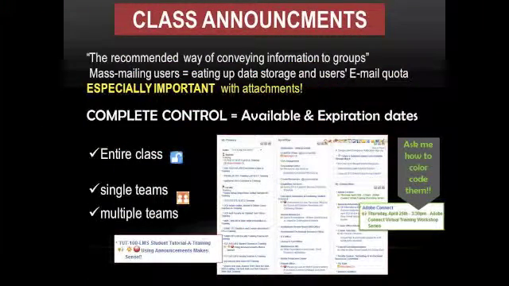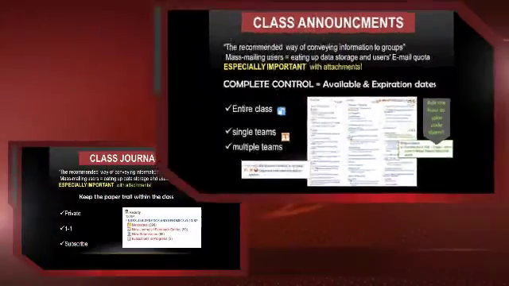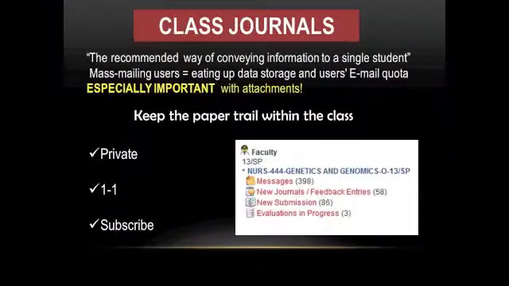The better option is using a class announcement. And a class announcement gives you the control you need either in a class or for teams. You can color code them. And it's especially important if you use announcements because we use so much data with attachments that we really want to make sure that we use an announcement.